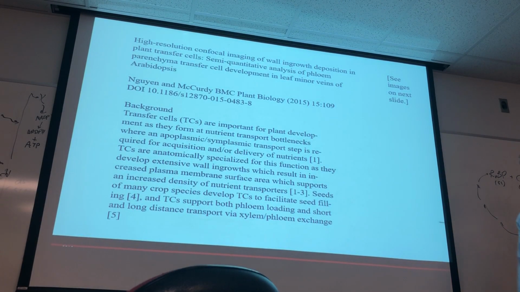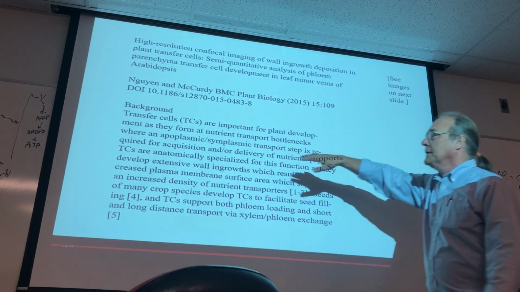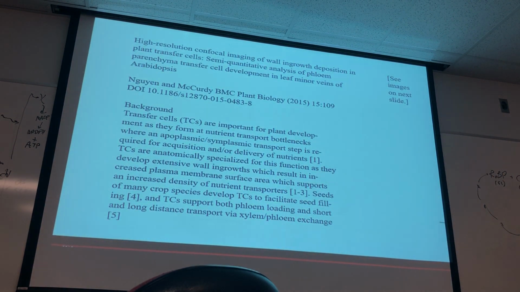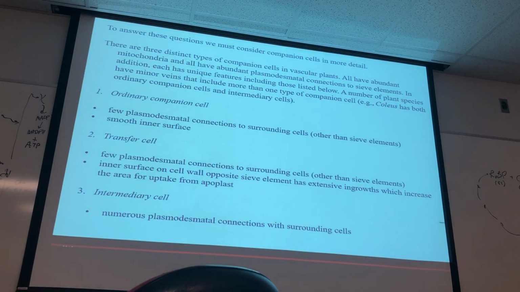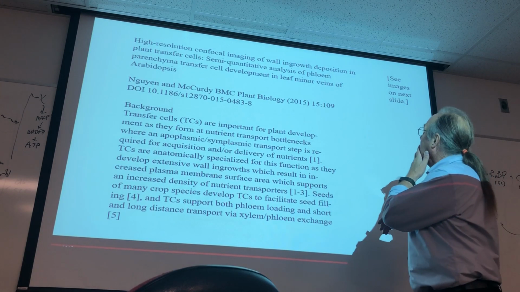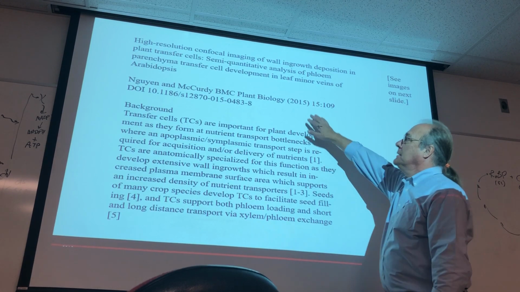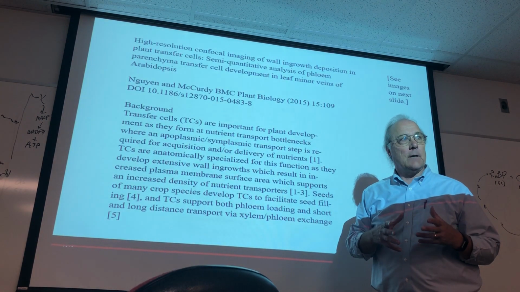Here's a more recent paper that's looking at transfer cells, one of these types of intermediary cells or phloem parenchymal cells, and we'll see images on that slide. What I want to say is these people used confocal microscopy.